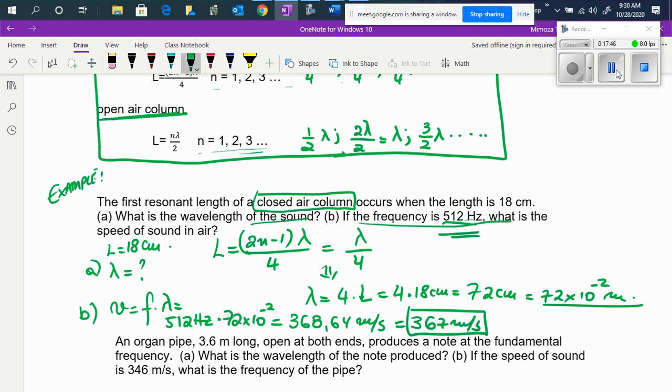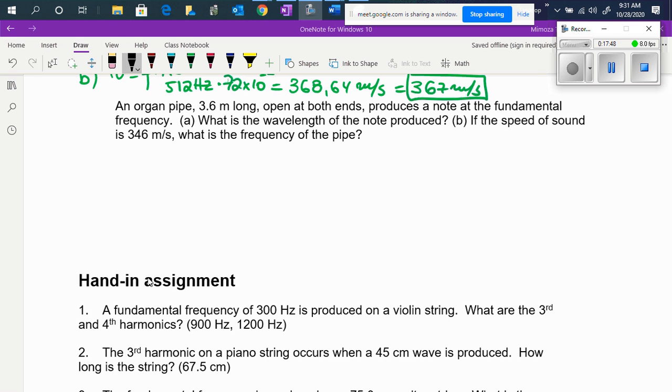Okay, do you have any questions? Okay, so this is another example. An organ pipe with a length of 3.6 meters, open at both ends. So now we are dealing with an open air column, and it produces a note at the fundamental frequency. What is the wavelength of the note produced?